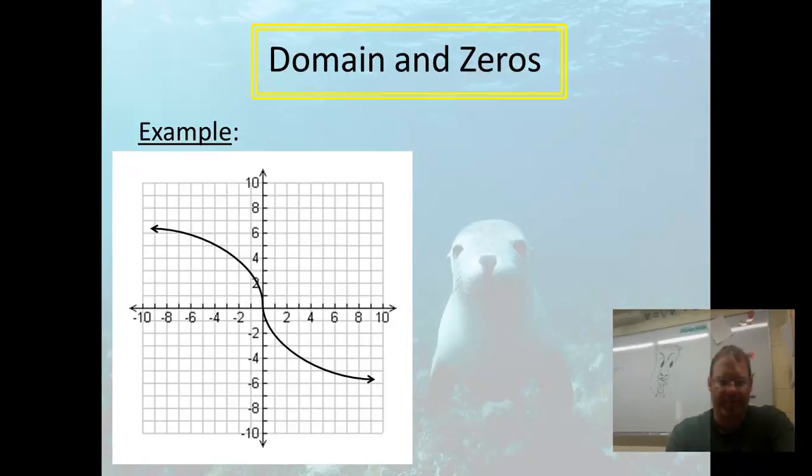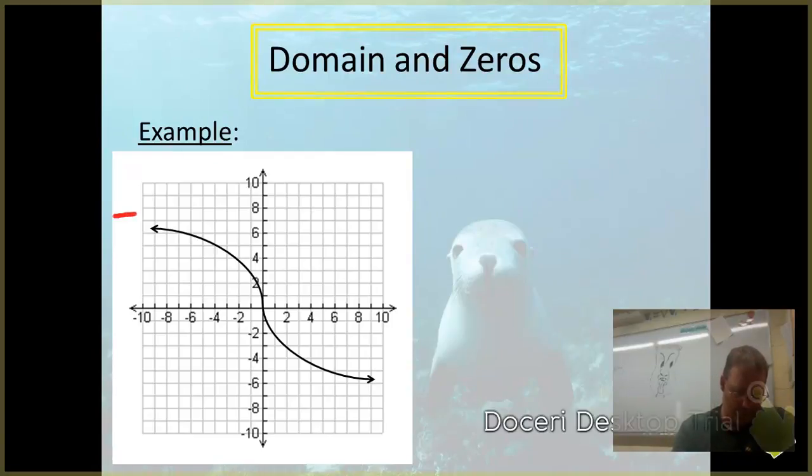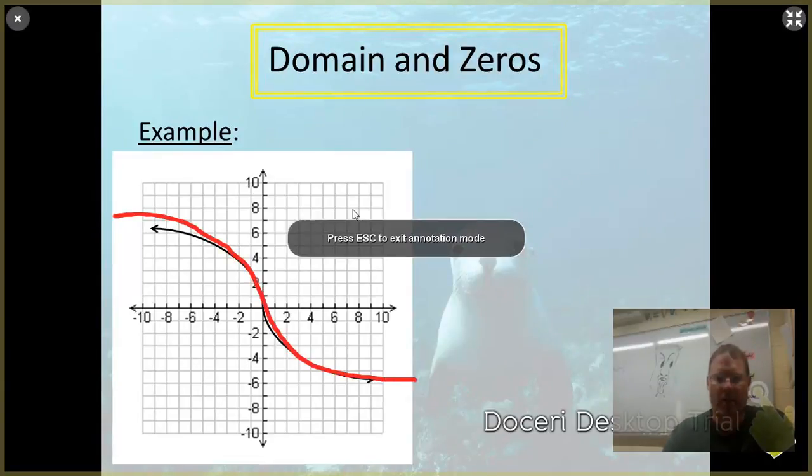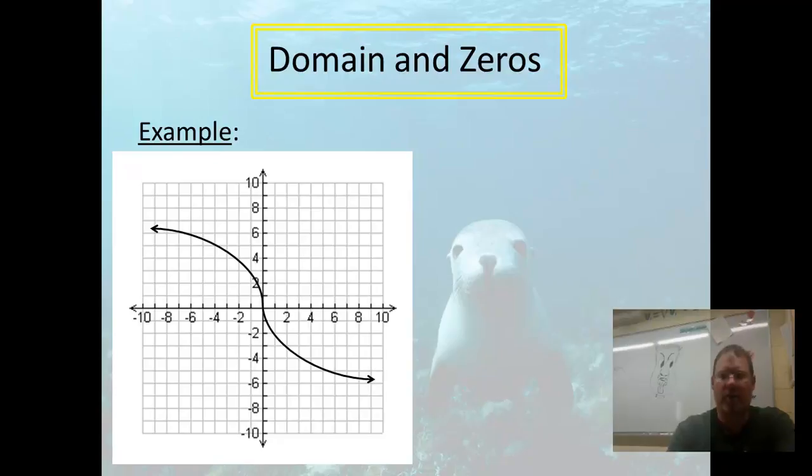Next graph. What do you think? It starts way off at negative infinity, and it goes and goes and goes and goes, and there are no restrictions on this thing at all. Okay, so the domain is negative infinity to positive infinity, and don't forget that it's a soft bracket.